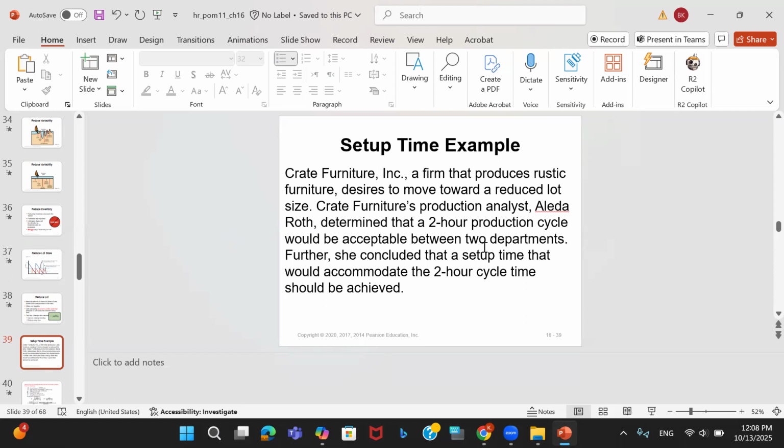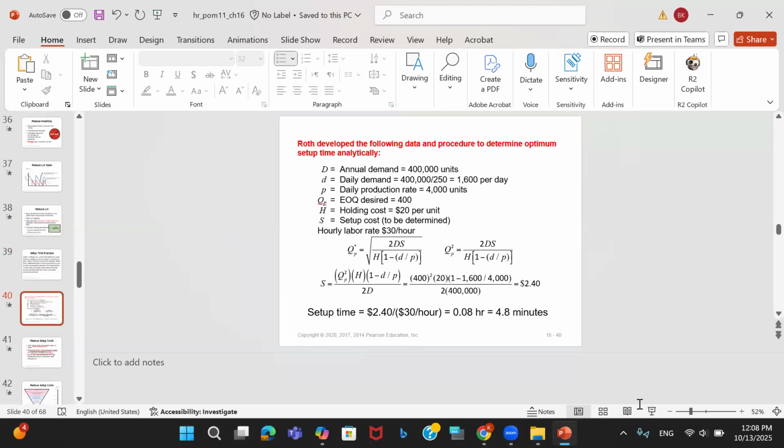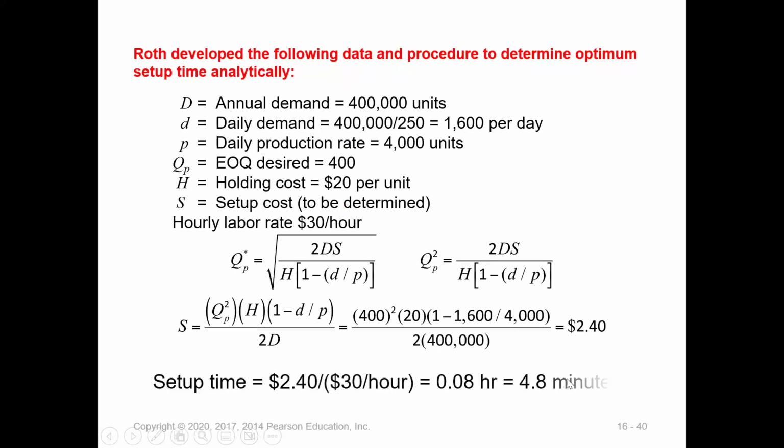Okay, let's see what's given here. We are using the same equation we used in chapter 2, the EOQ equation. That's what we are going to use. So we are given the annual demand, which is 400,000 units.